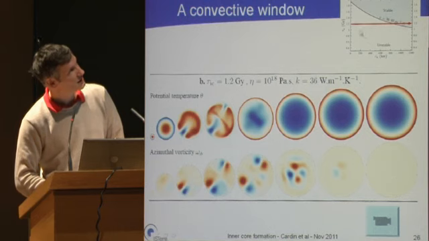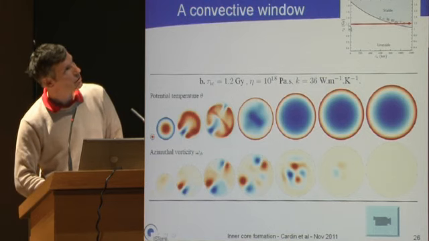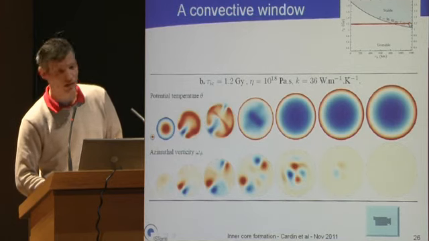An interesting case is where the inner core is older, like 1.2, because you have first an unstable state and then a stable state.